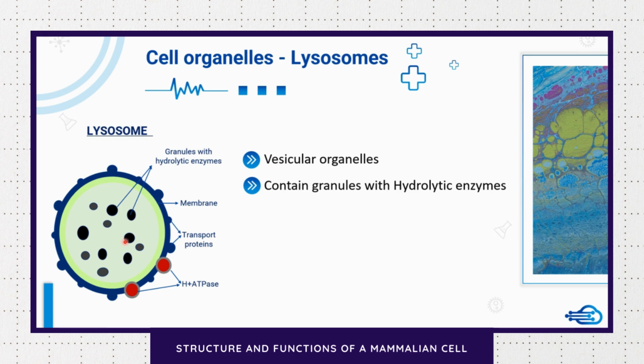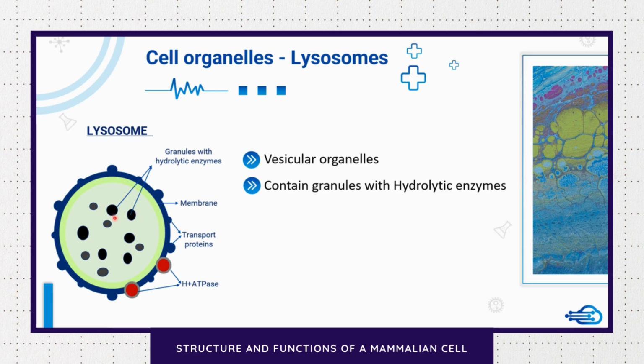Well, this is brought about by hydrogen ATPases, which are integral membrane proteins present on the membrane. These hydrogen ATPases bring hydrogen ions inside against their concentration gradient, and this maintains the acidic environment inside for these enzymes to act.